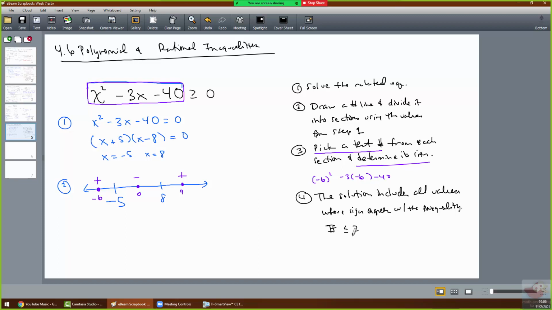If there's an equal sign, you want to include the values from step 1, meaning if it's not strict. Well, our inequality is greater than or equal to 0. Greater than or equal to 0 says we want the positives. So that's this section here and this section here.